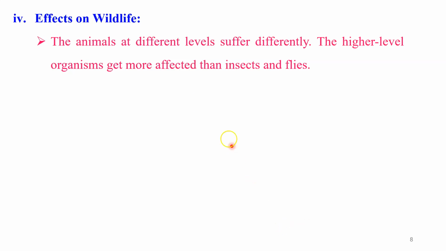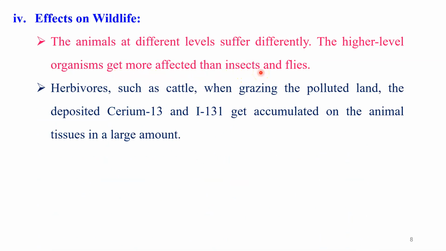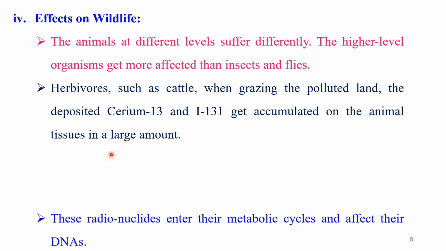Dear student, if we are talking about the effects of nuclear pollution with respect to wildlife, animals at different levels suffer differently. The higher level organisms get more affected than insects and flies. If we are talking about herbivores such as cattle, when grazing on polluted land, the deposited cesium-137 and iodine-131 get accumulated in the animal tissue in a large amount.